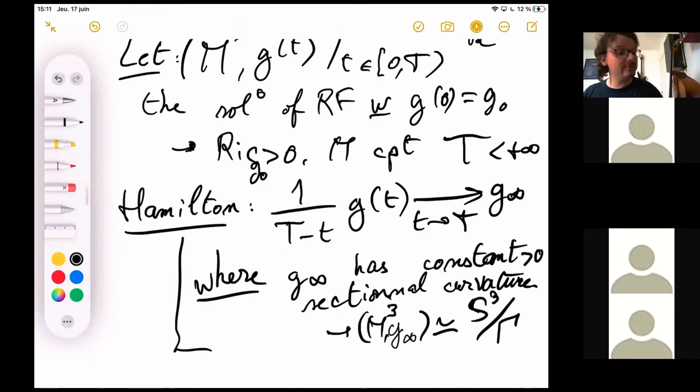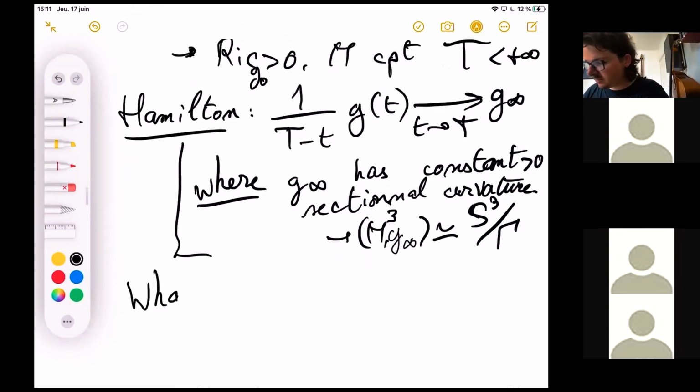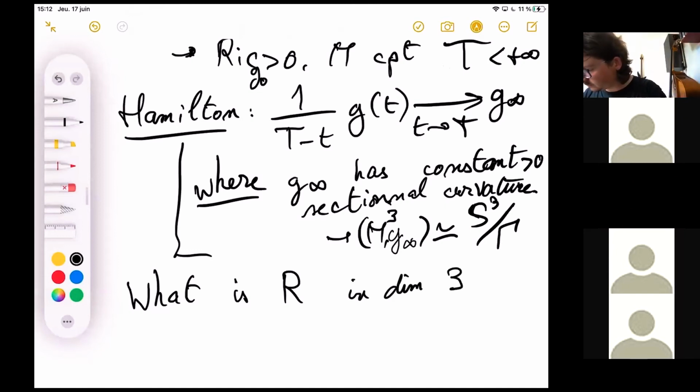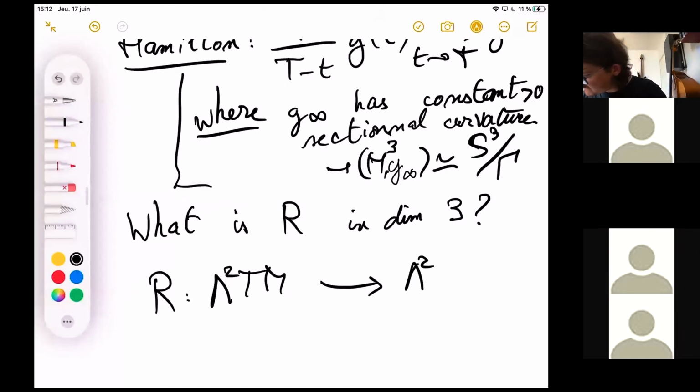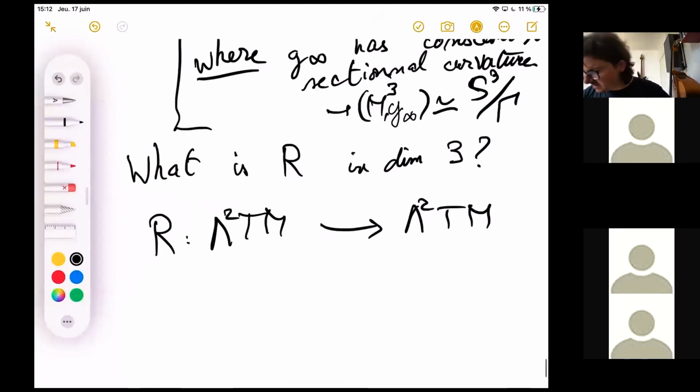Okay, so now comes the application of the maximum principle. So what is R? The curvature operator in dimension 3. R goes from Lambda^2 of TM, which is of dimension 3, to itself.